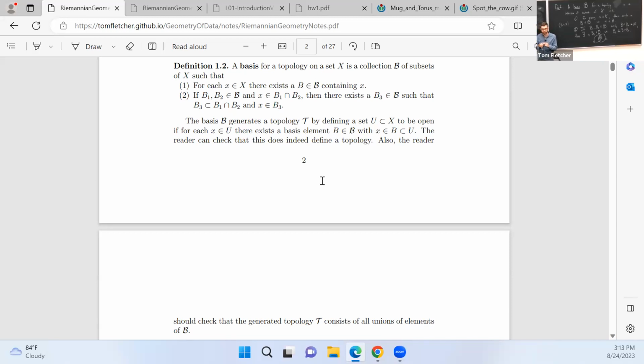Could you just repeat the reasoning again as to why the set A is neither open nor closed? Yeah, so under the trivial topology, which, now we'll put curly braces here, the only open sets are null and X. And so A is not in our topology, meaning it's not open.